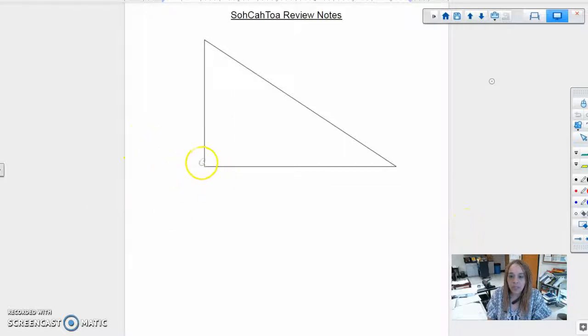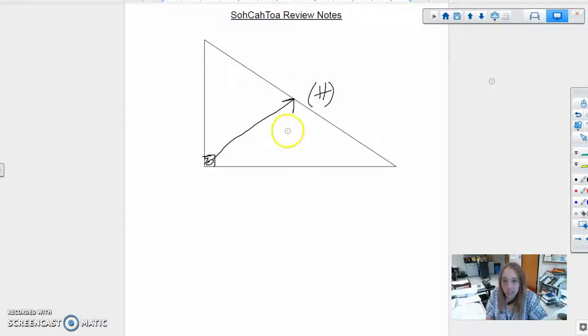This triangle has a right angle, so I'm going to put a box here to indicate a right angle. It's very common when you see that box in a triangle, it means it's a 90-degree corner. I always say put a 90 inside that little box and draw an arrow directly across to the side of this triangle that's across from the 90-degree angle, and label that H. This is your hypotenuse.